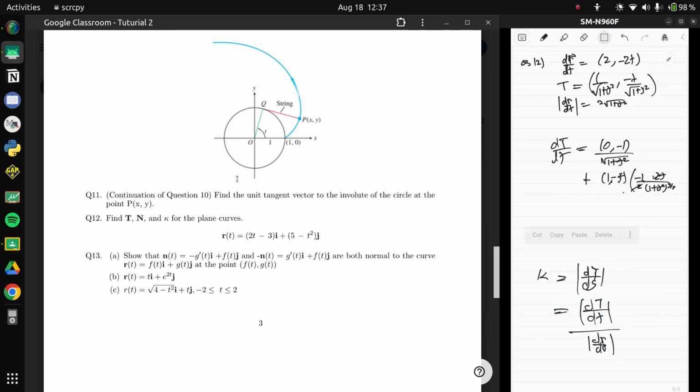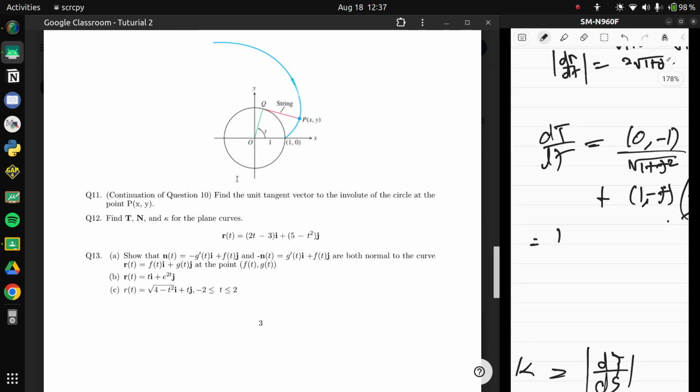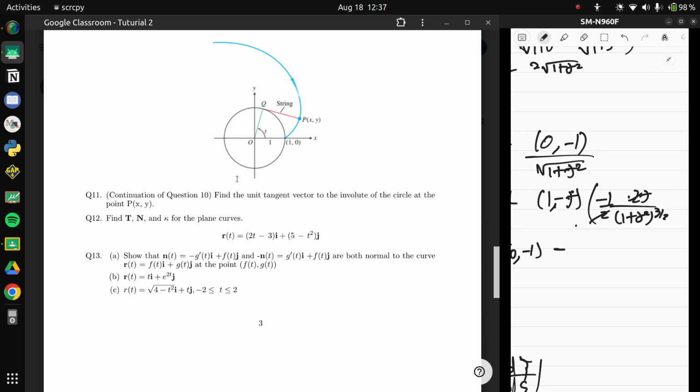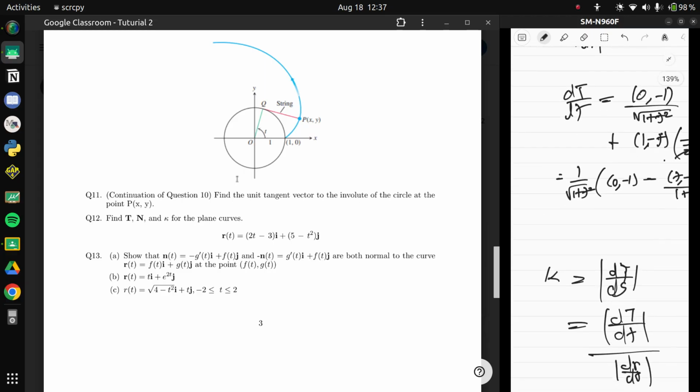So what does that leave us with? Is there something like 1 upon square root of 1 plus t square? You got 0 minus 1, and then it's a negative over there, so just negative t comma negative t square upon, this is extremely weird, 1 plus t square. This doesn't really look very good, but fine.